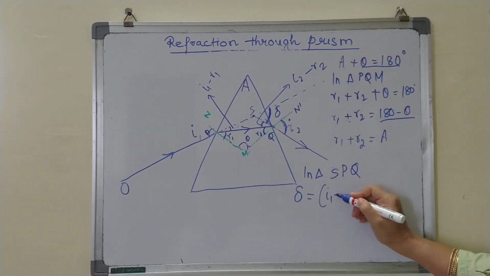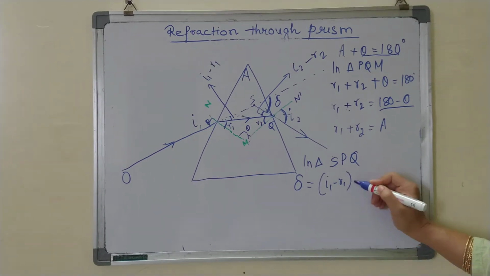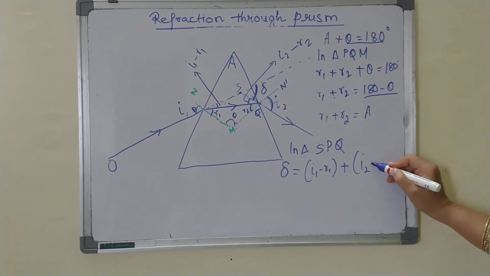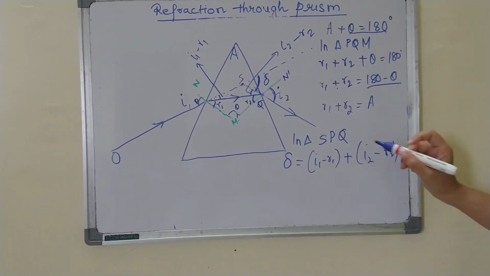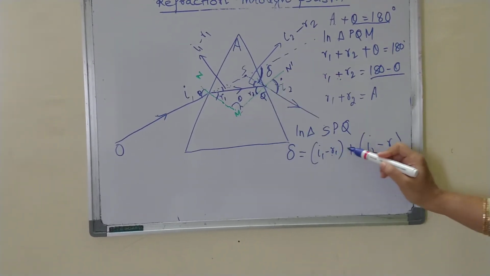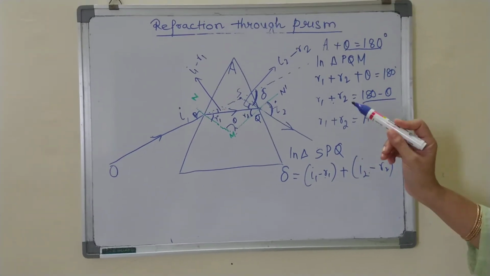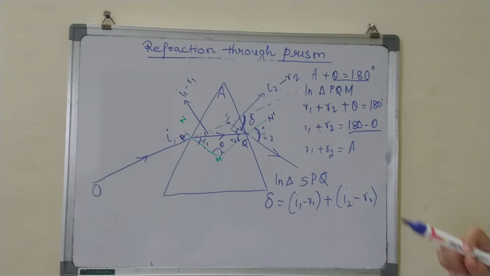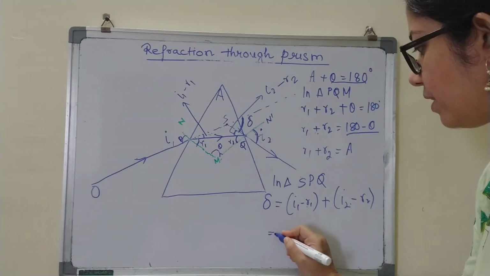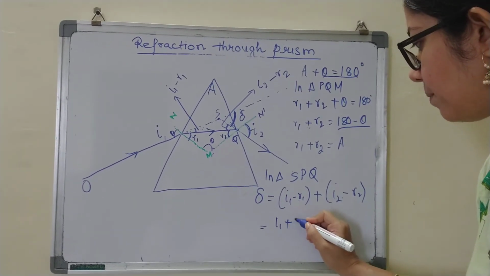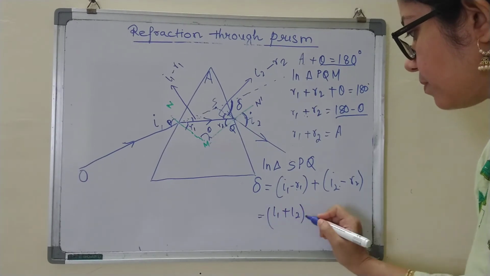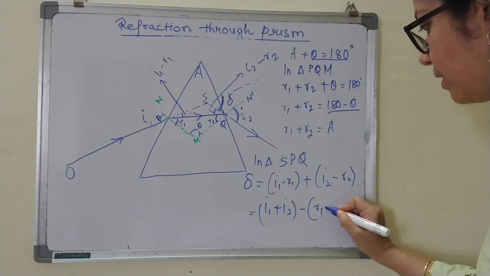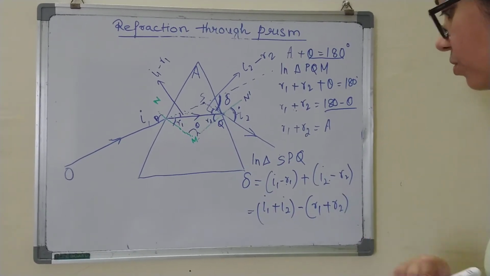I1 minus R1, plus I2 minus R2, the opposite internal angles. So delta is equal to I1 plus I2 minus R1 plus R2.